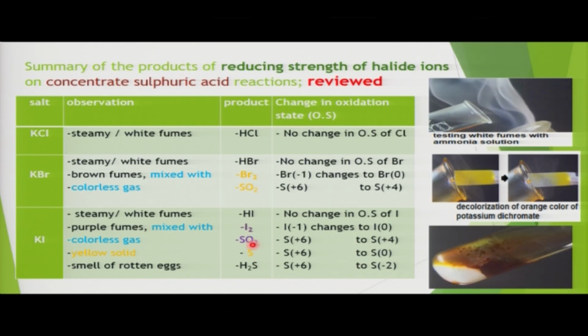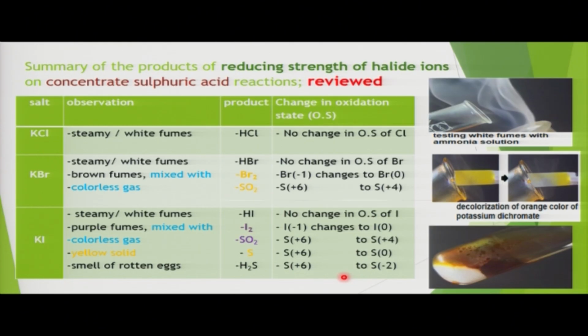Then even the sulfur dioxide gas tested using the dichromate solution. This is the illustration. And the hydrogen sulfide, as we noticed in our demonstration. So the point here is, going down the group, the reducing strength of the halides increases, reducing the sulfur in sulfuric acid to different products, basing on their reducing strength.